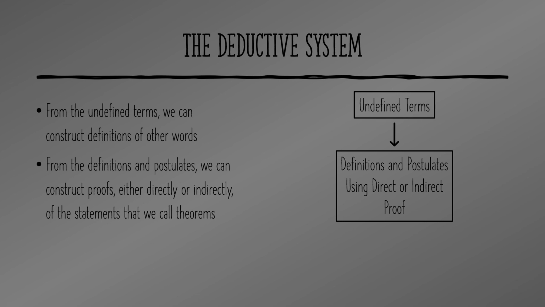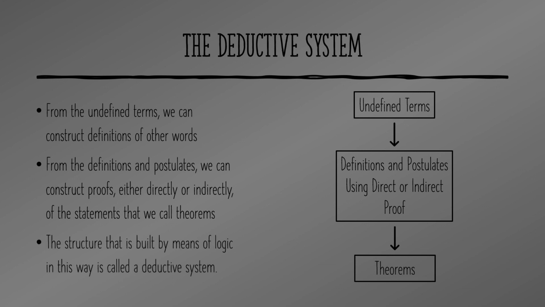Now remember that if we're constructing proofs, whether it's direct or indirect, we are going to finalize them in a statement or a conclusion that we're going to call a theorem. And last, I want you to know that this entire system that has just been described, or this structure where we build these theorems logically, is called the deductive system.